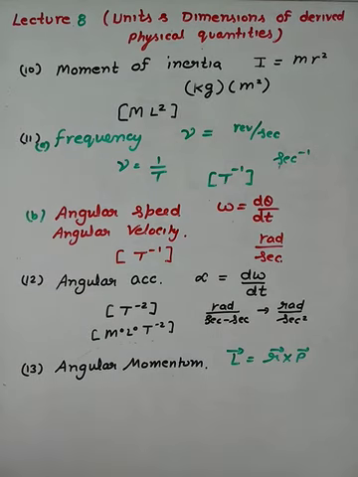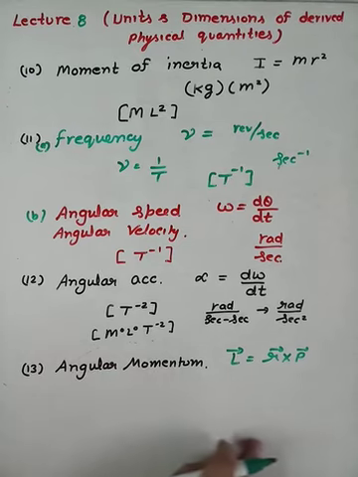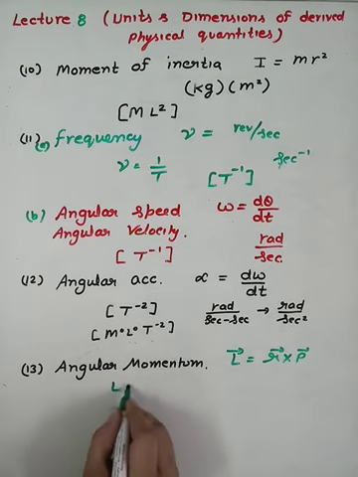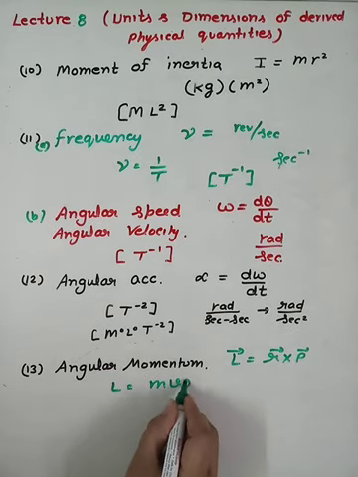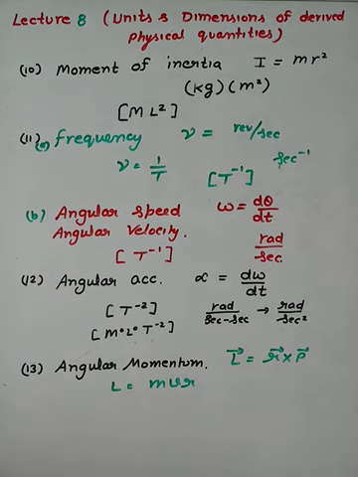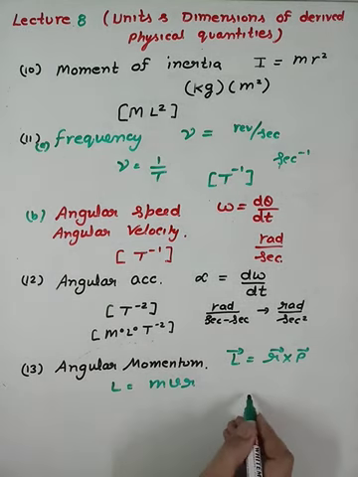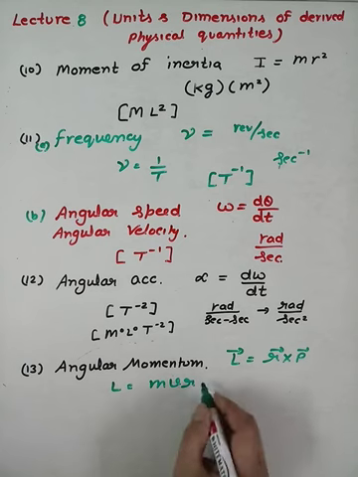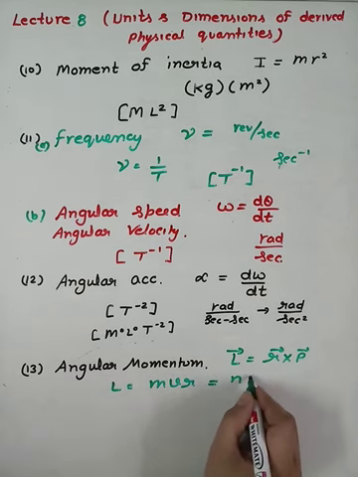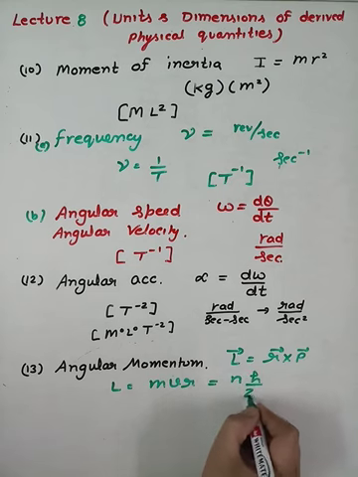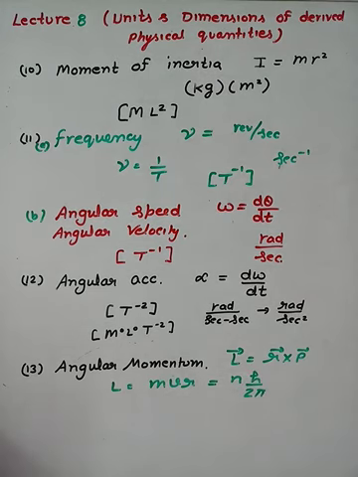In Bohr's postulates, one of the postulates is that the electron revolves in that orbit whose angular momentum L is given as mvr equals integral multiple of h upon 2π.